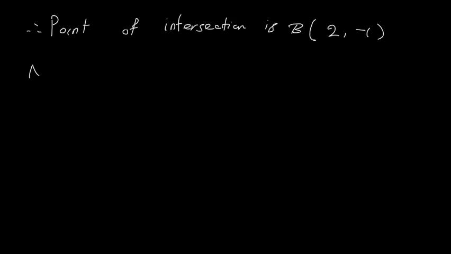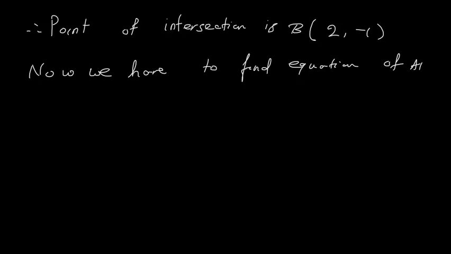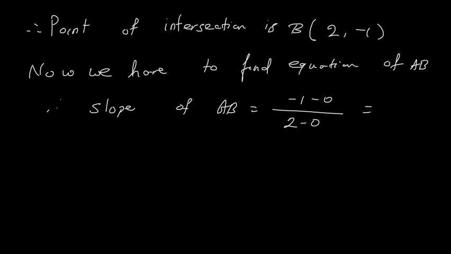Now we have to find the equation of AB. So for the equation of AB, first we will find the slope of AB. Therefore the slope of AB is equal to minus 1 minus 0 upon 2 minus 0, because A is 0 comma 0, so it is minus 1 divided by 2.